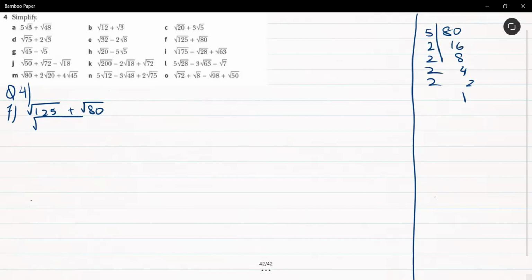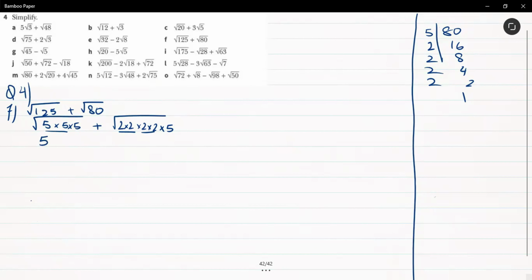So what is √125 equal to first of all? It's 5 × 5 × 5. And plus, what is √80 equal to? It's equal to 2 × 2 × 2 × 2 × 5. So we have 2 pairs of 2 in this one, and we've got 1 pair of 5 in this one.